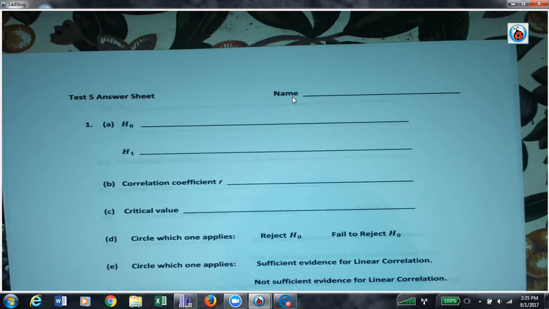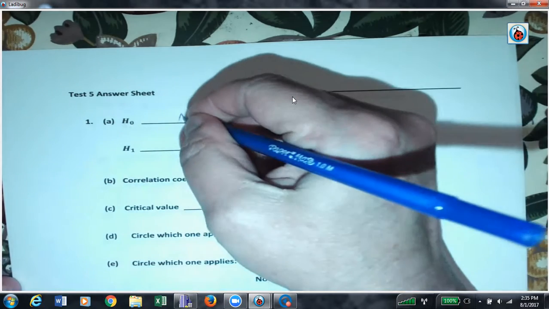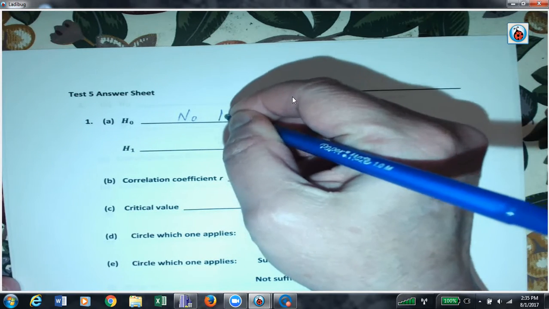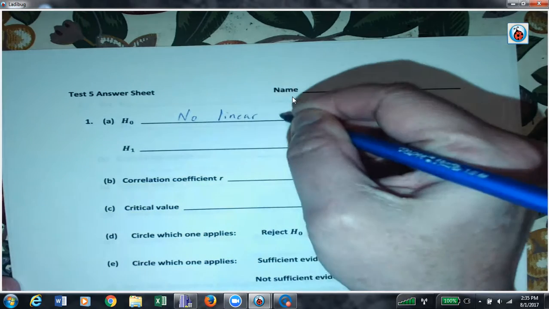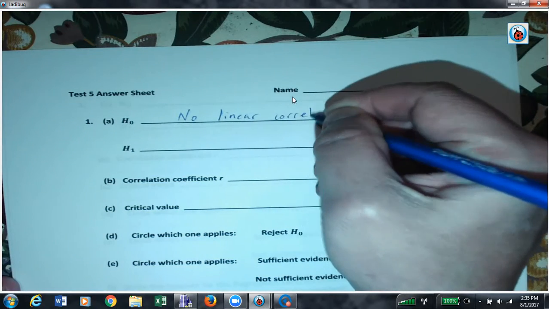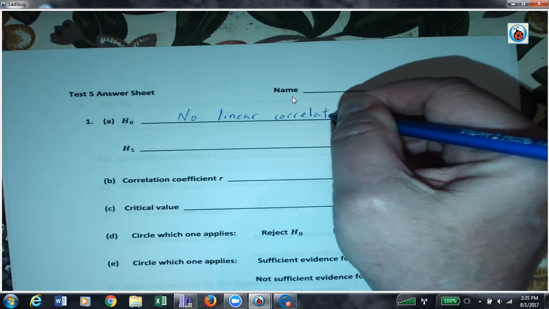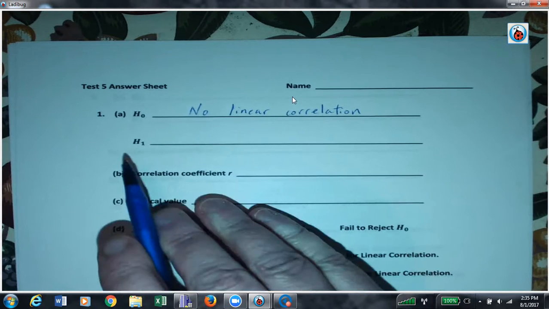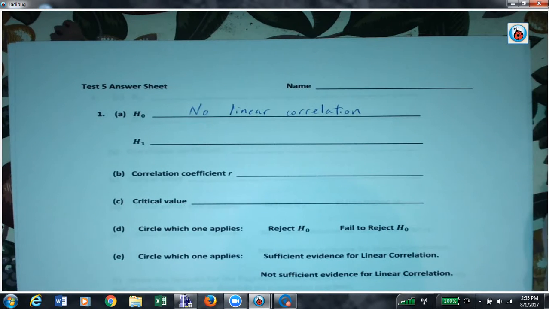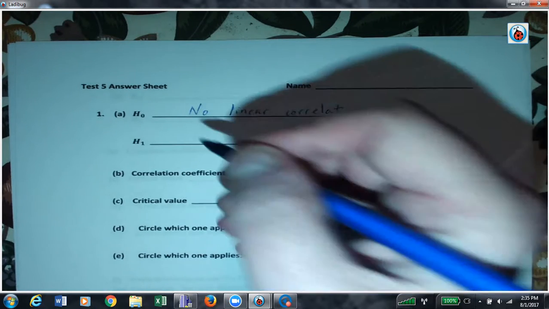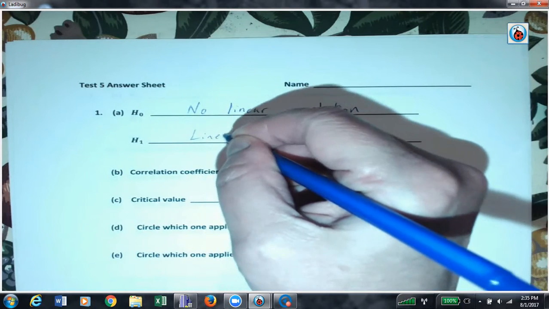These two lists are unrelated. There's no correlation, no linear correlation. And of course, the alternative hypothesis is these readings are related somehow, that there is a linear correlation.